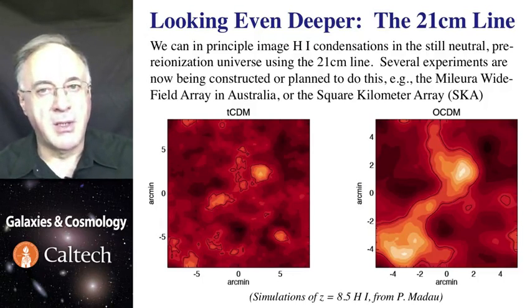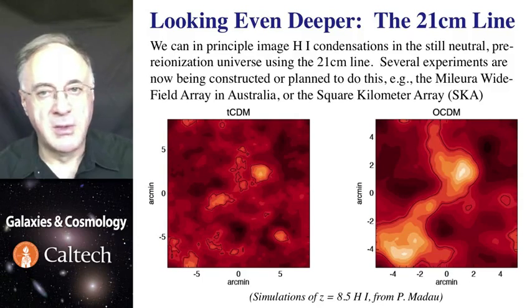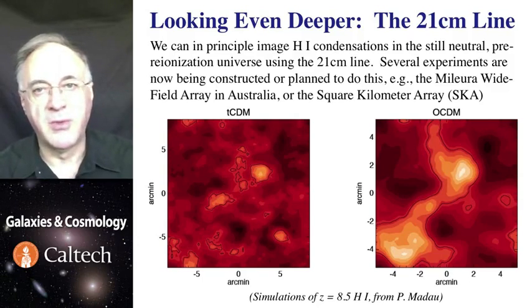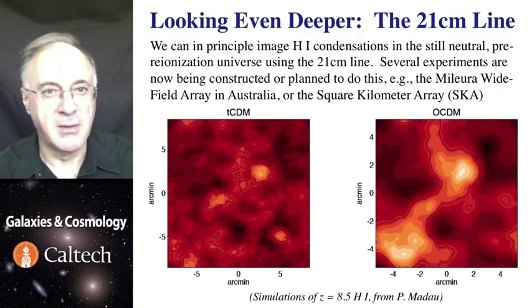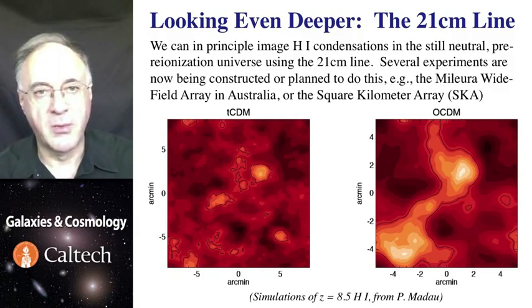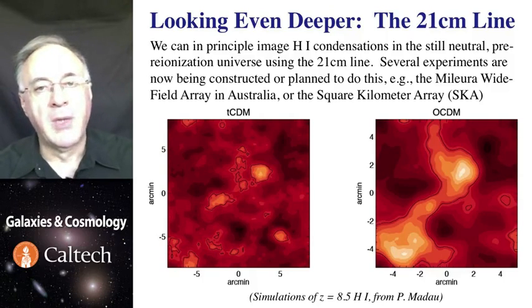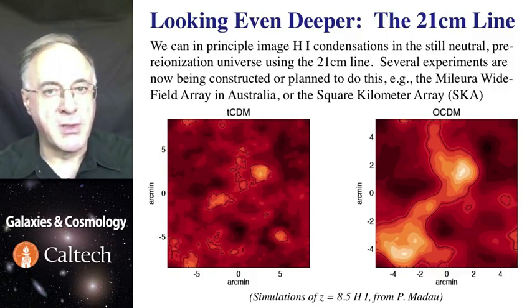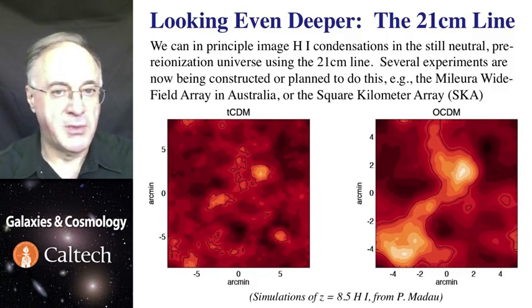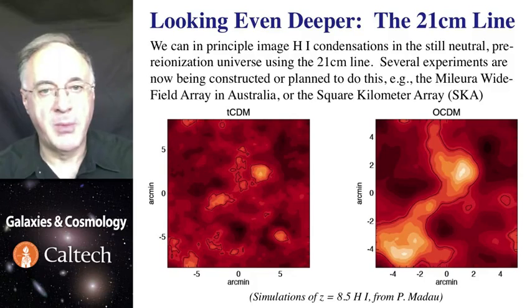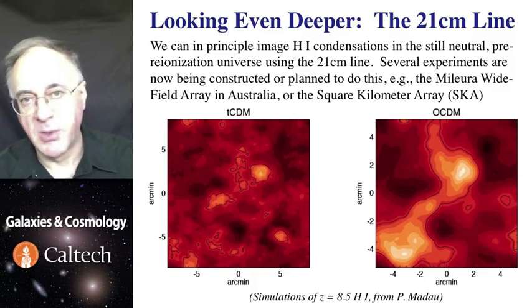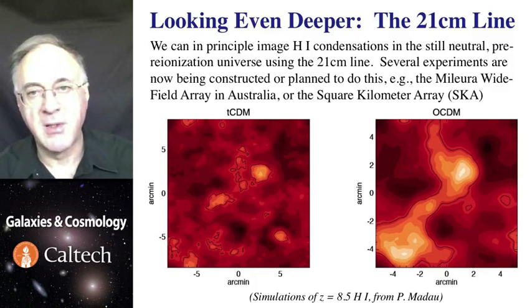Neutral hydrogen, even before any stars are formed, will still be detectable through the 21 centimeter line that was used so effectively to map the kinematics of gas in spiral galaxies. And there are theoretical studies of this, so that even before first stars are formed, you can in principle map the assembly of baryons in potential wells of future galaxies.